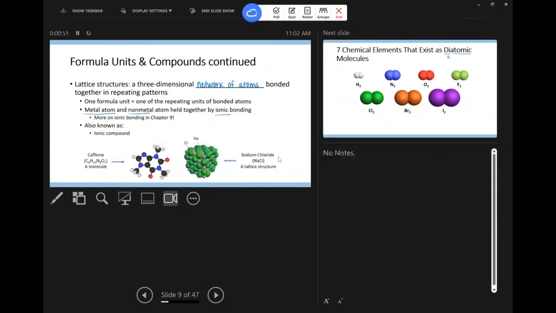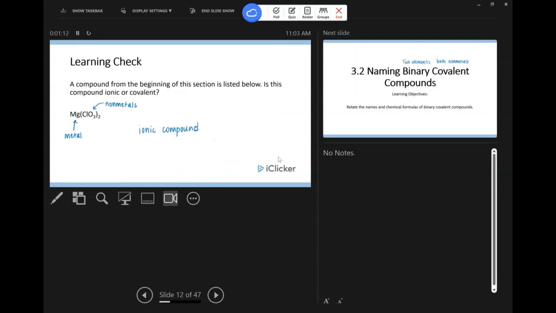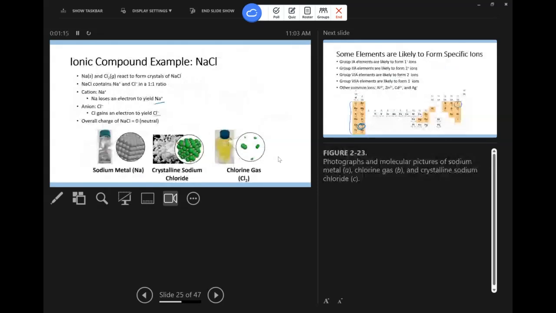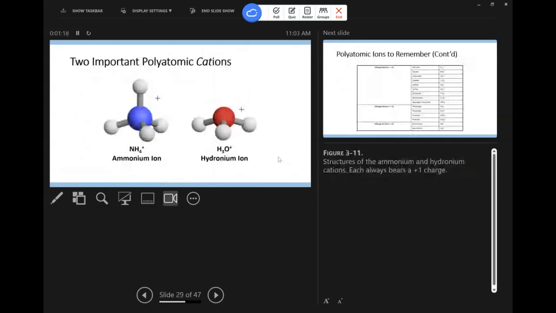Ionic compounds are repeating units of the formula unit, and they exist in a lattice structure, and we have two ions. We have negatively charged chlorines and positively charged sodiums. And then in molecules, one formula unit is the entire molecule. We talked about naming molecular compounds, and then a little bit about ions.